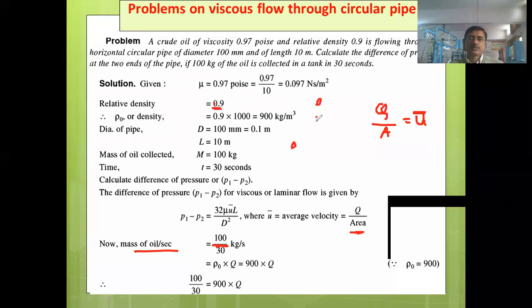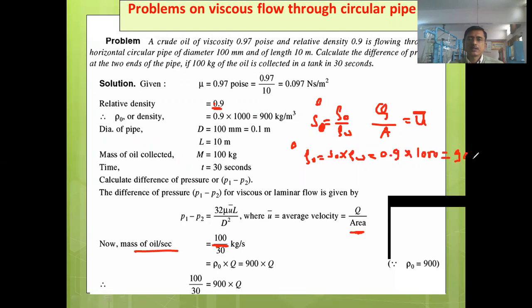So if specific gravity S0, for oil let us take the notation S0, then S0 is equal to rho O divided by rho W. So rho O is equal to S0 into rho W. What is S0? S0 is 0.9, into rho W is 1000. So I will get here 900 kg per meter cube as the mass density of the oil.